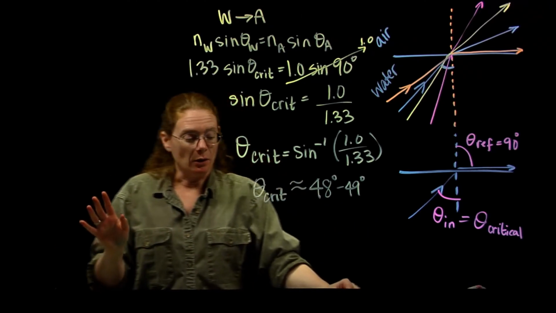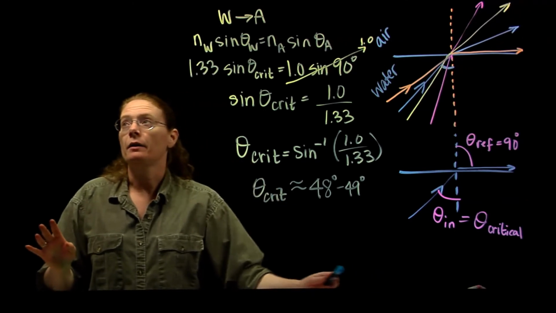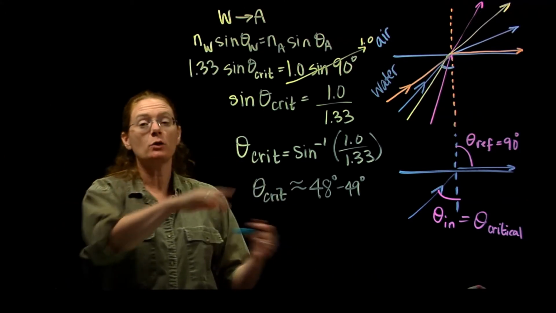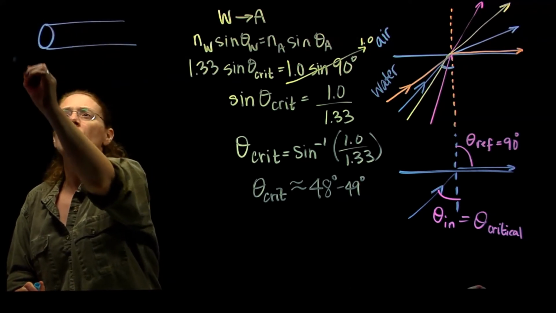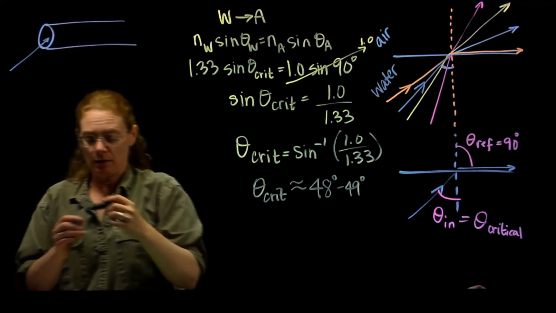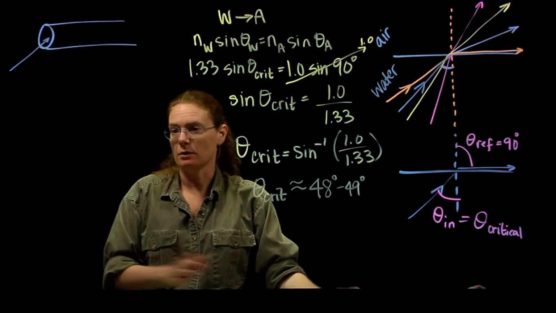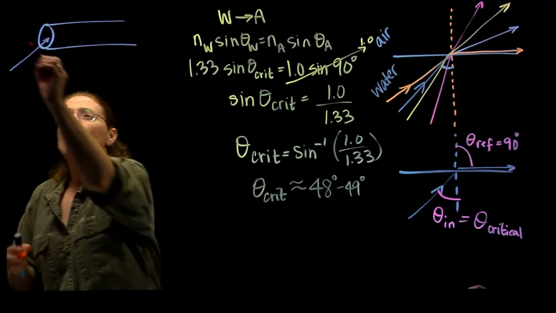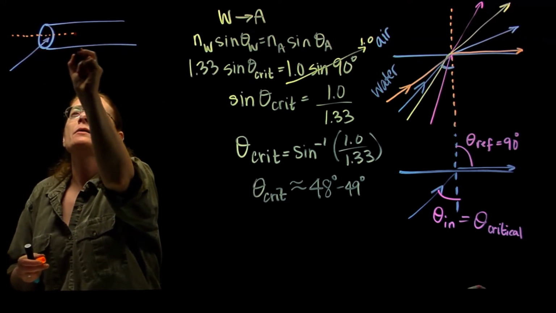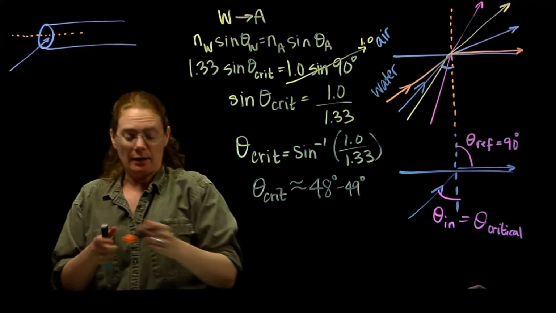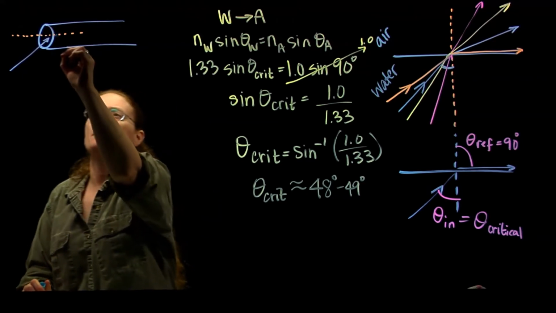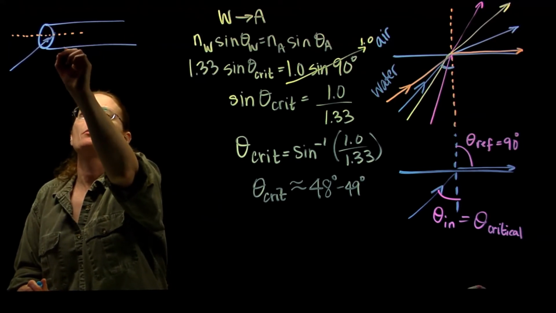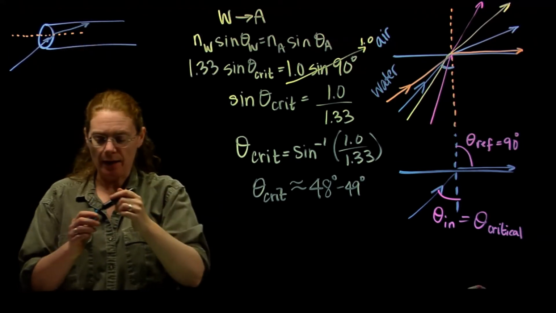In the previous video, I had a light ray going from air into a fiber optic cable. So we had a cable and a light ray hitting the end of the cable and entering the cable. My normal was like this, and then it bent, because we're going into more dense material, it bent towards the normal and came out like that.